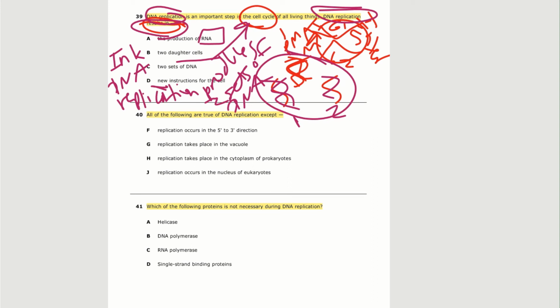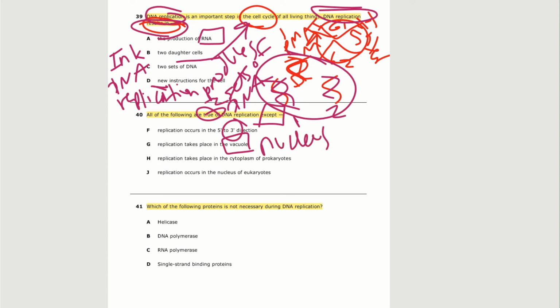All of the following are true of DNA replication, except replication occurs in the 5 to 3 direction. Oh man, this one's tough because it's supposed to go in the smallest number, 3 direction. So that one would not be right. Replication takes place in the vacuole. Oh wait, what? The vacuole, but DNA is in the nucleus, so that one's also not right.